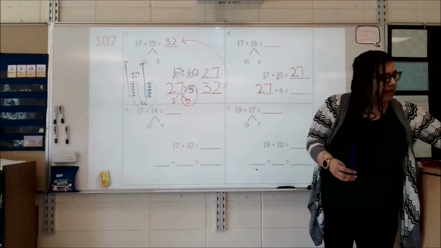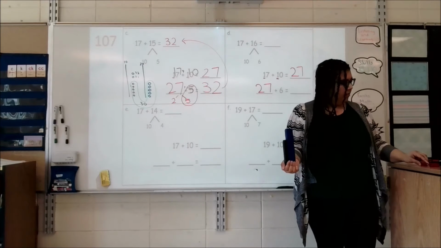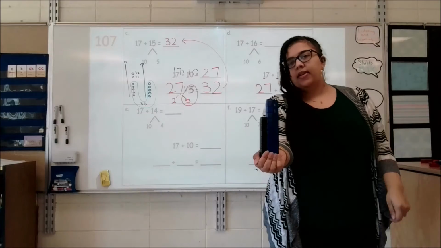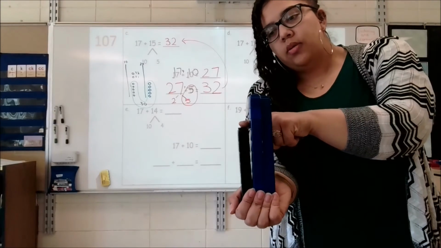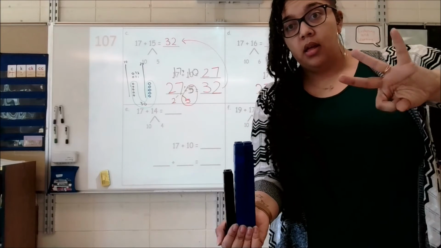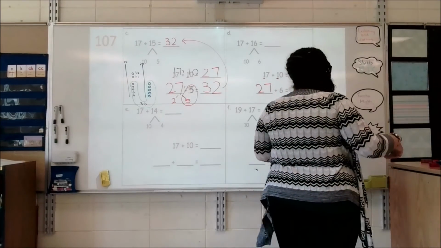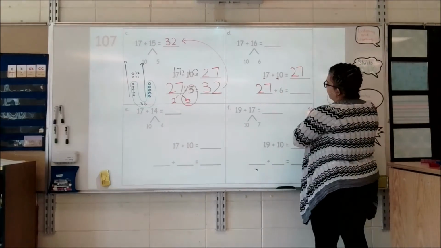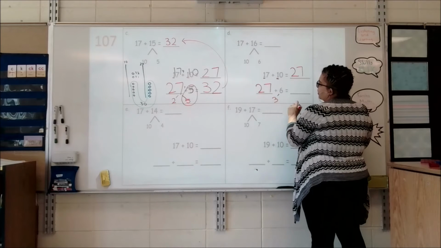If I have 27, how many more do I need to make a group of 10? 28, 29, 30. How many more was that? 3. I only need 3 more to make a group of 10. And I'm going to get those 3 from the 6.